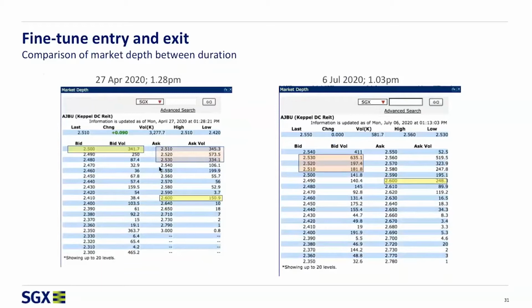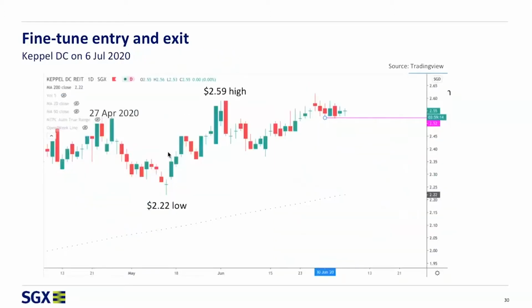These are the sellers forming that ceiling to prevent price from going up. And it makes sense because if you look at the chart here, 252 was the previous high. People were looking at 252 to sell, because that was a previous high that we'd seen in the past 1 year.